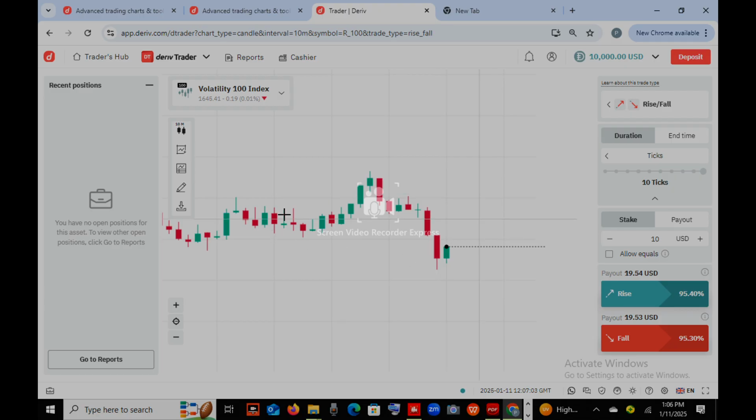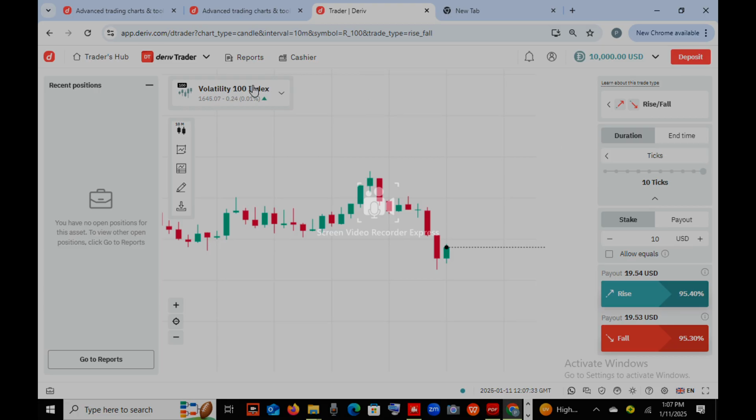Once you have changed the chart type to candlestick patterns from lines, you now come here. If you check the new trading interface of Deriv, they made it such that the tick is selected in $10. So you have to change this immediately before you do any other thing.